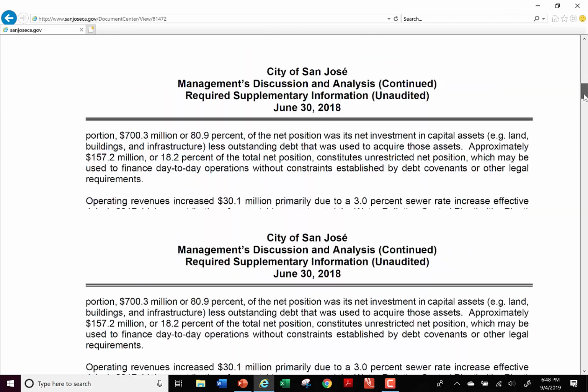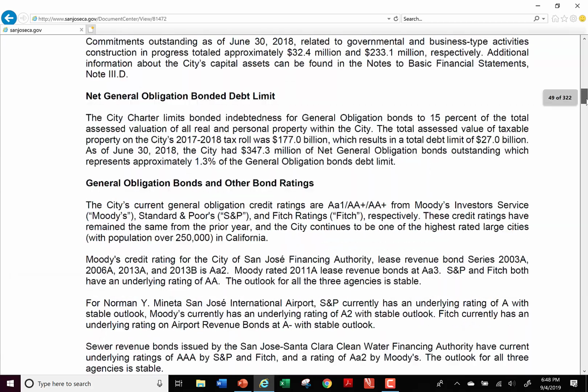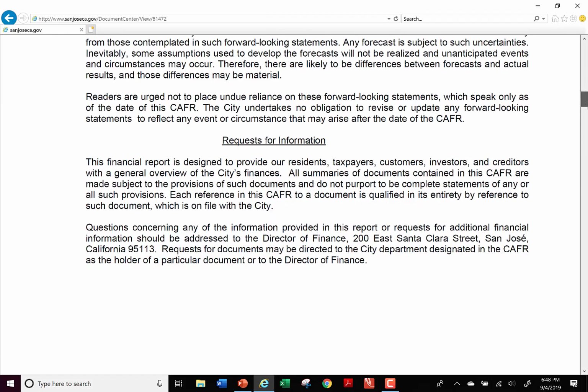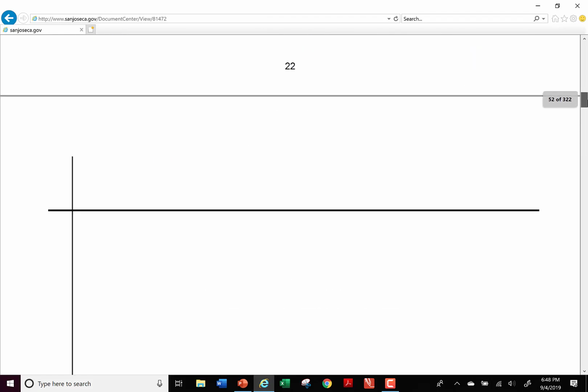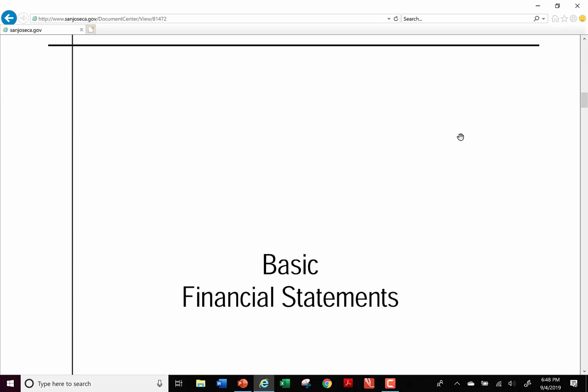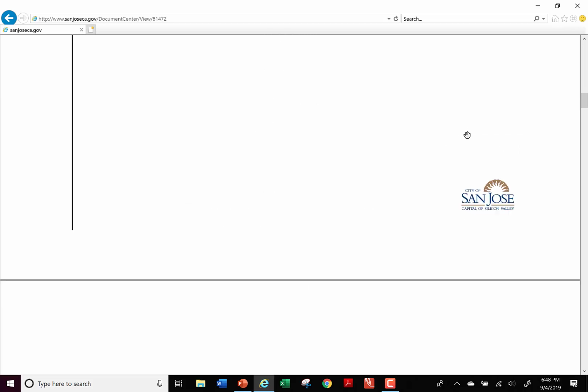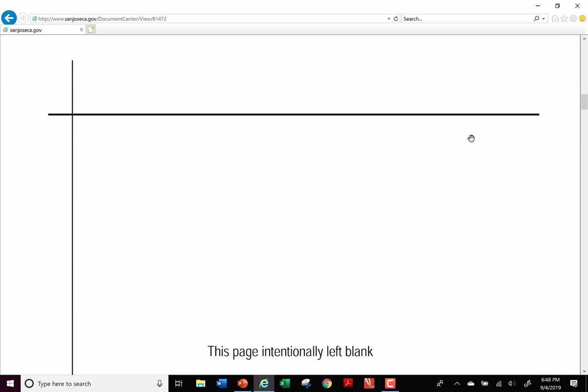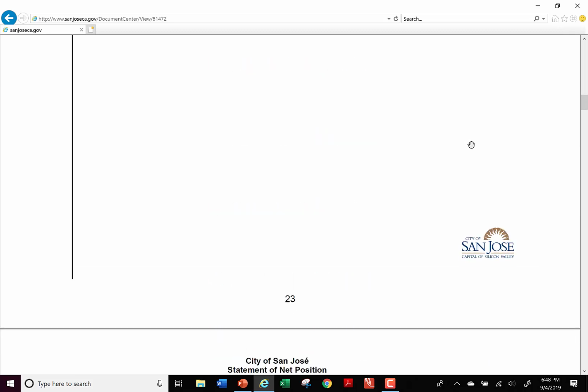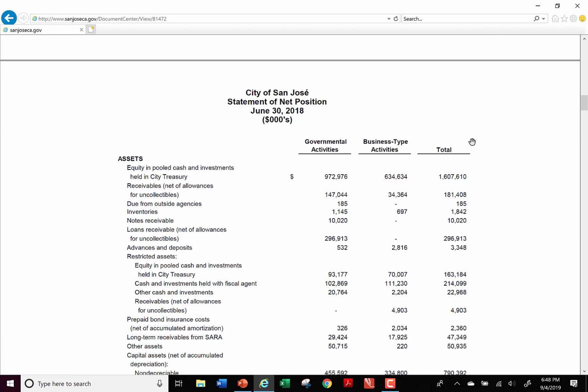Management discussion and analysis. Here we go. What should be next after the MD&A? Basic financial statements. Good. And should we see a set of government-wide statements?